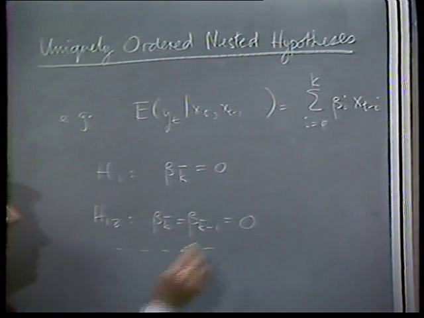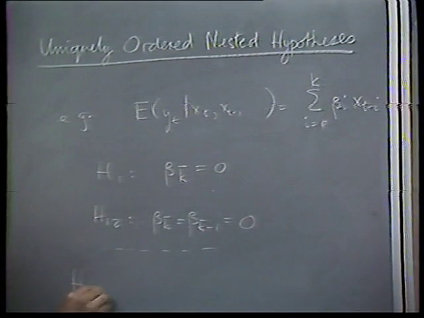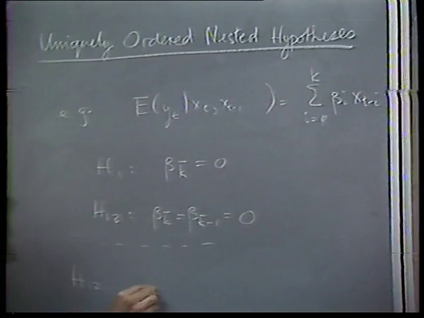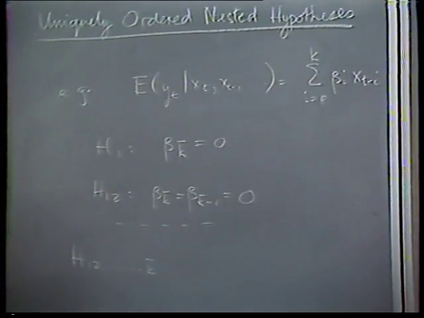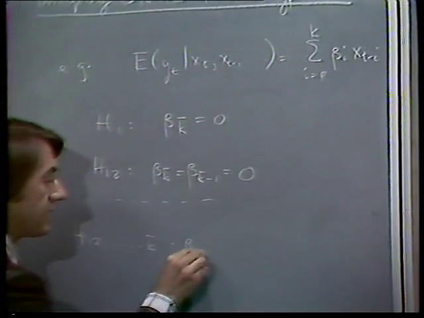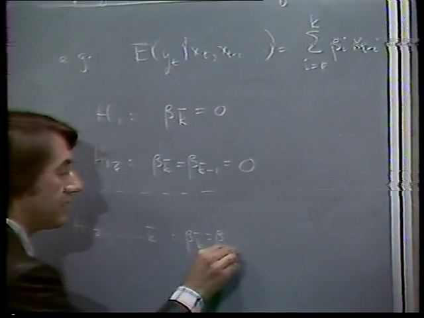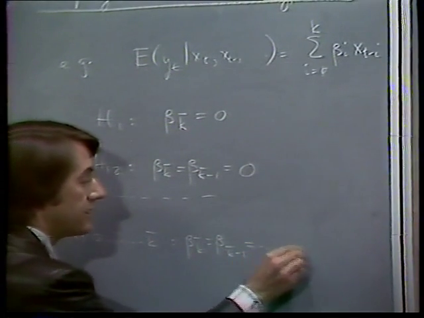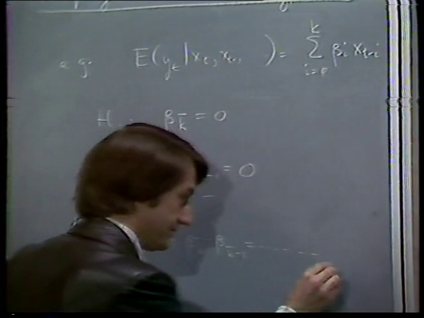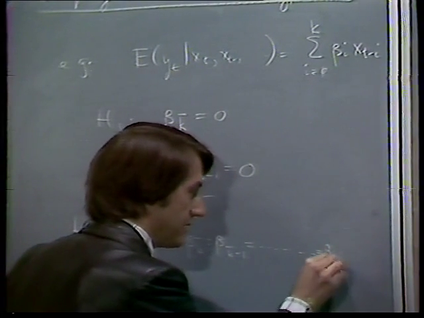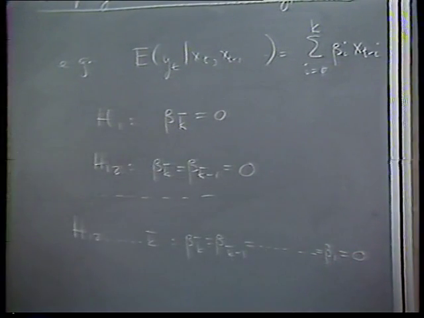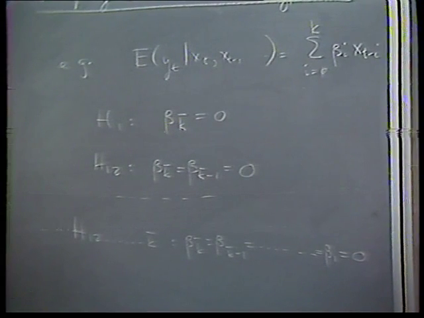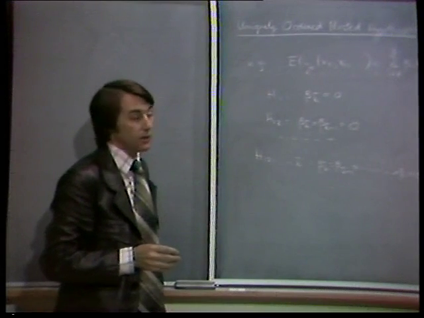And we can go on in that sequence until we come to H1, 2 through to k bar, which would be that beta k bar is equal to beta k bar minus 1, which in turn is equal to beta 1, which is equal to 0. And so the distributed lag is of order 0, and there's no lag at all.